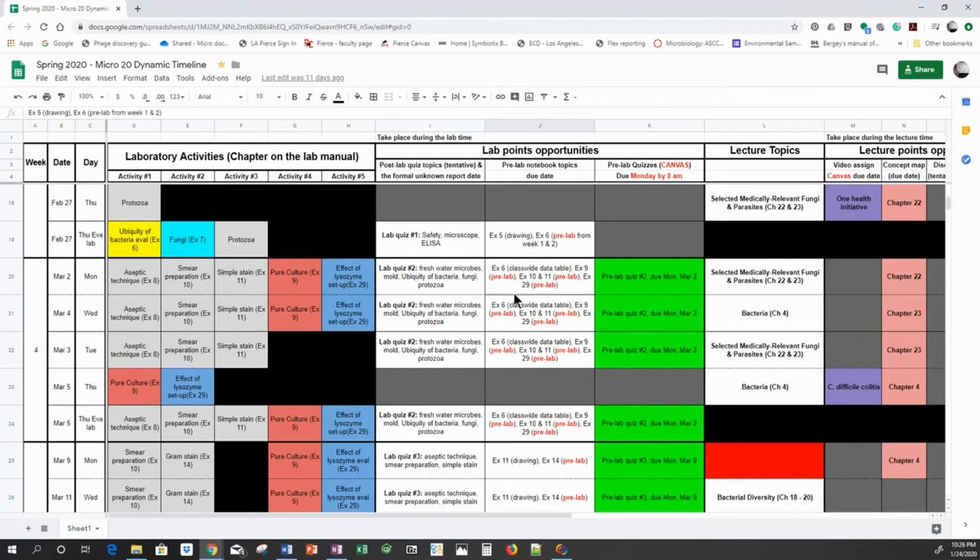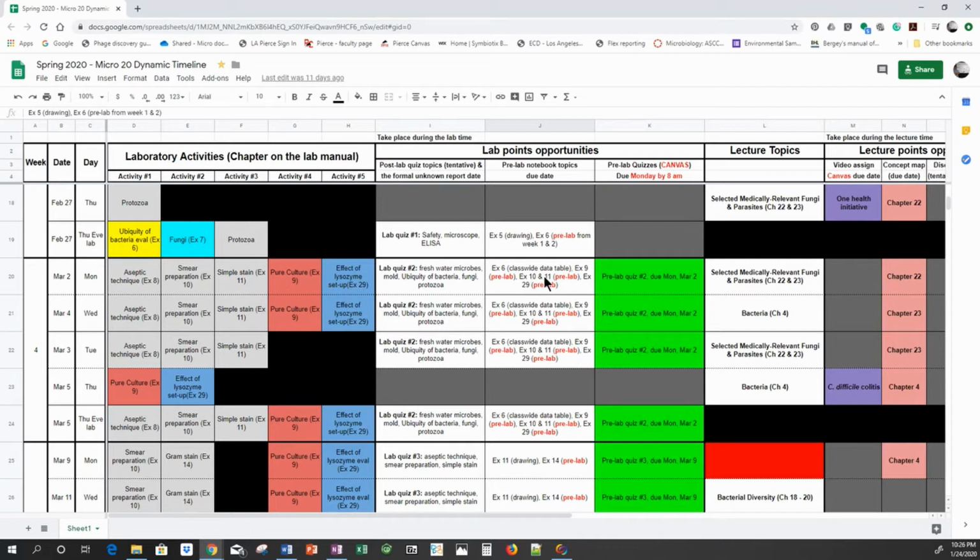Let me give you another example. On week 4, for example, I will be checking for more stuff. I will be looking for the exercise 6 data table. Here I will provide a class-wide data table, and you need to have that in your notebook because I'm checking for them.